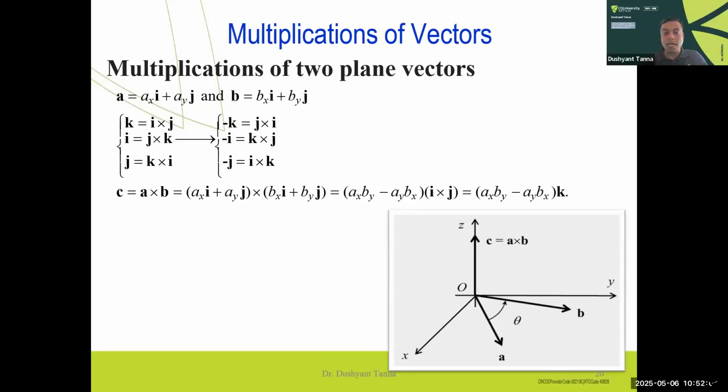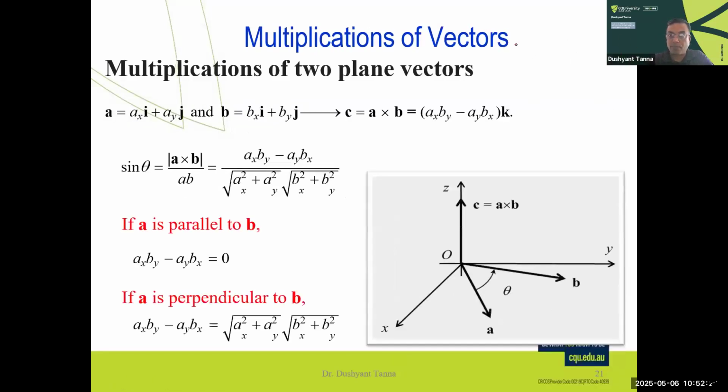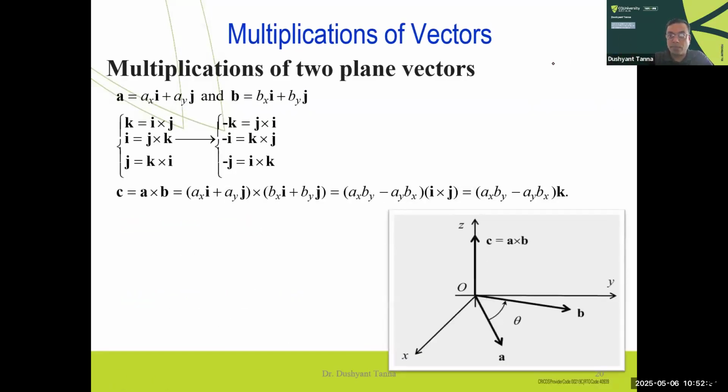Okay. Now, let's understand this in terms of xy coordinates, ax, ay, bx, by. What happens here? So I'll draw a circle. Let's imagine I, J, and K are here.